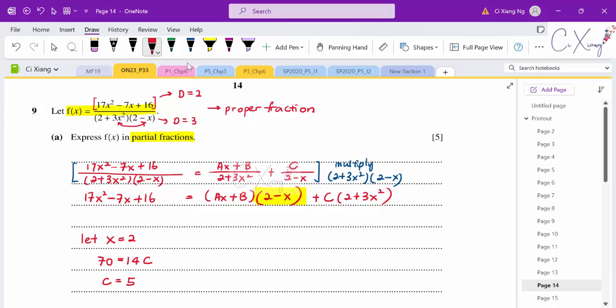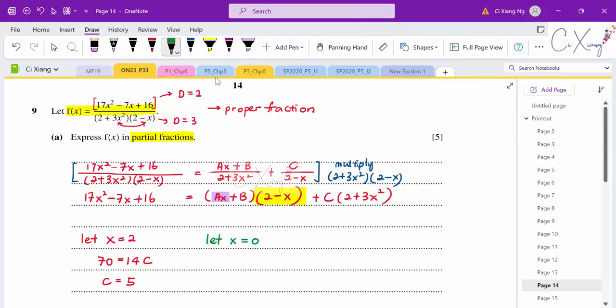Okay? Alright, then now let's decide the second value so that something will disappear. The other linear factor that we can use is this one, ax. What should you substitute into x so that a will disappear? You have to let x equal to 0.